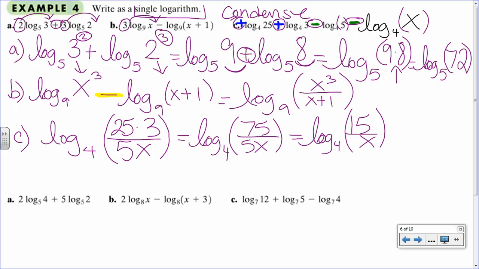All right, now you guys are going to do the next three. Let me add an extra term here for you.